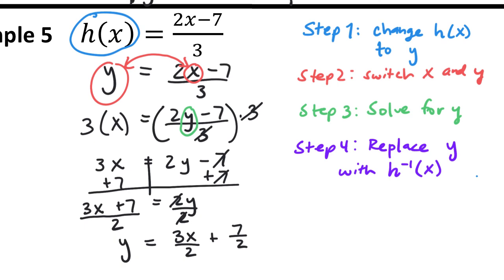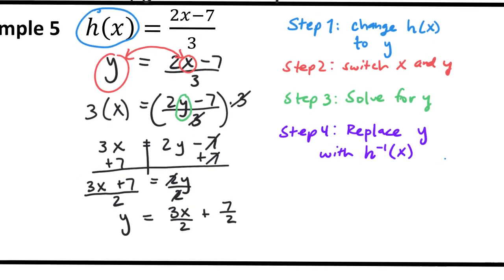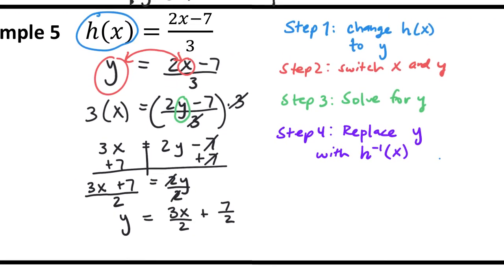So let me zoom out here a little bit so it'll be in our window. And then I'm just going to replace y with h inverse of x equals, and then just copy. Done.